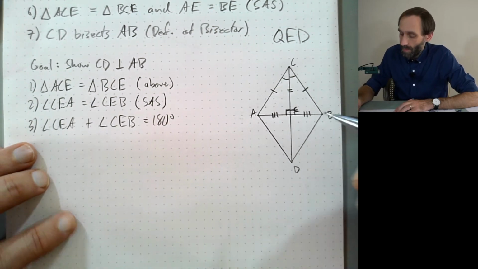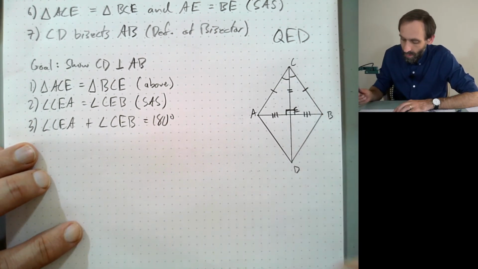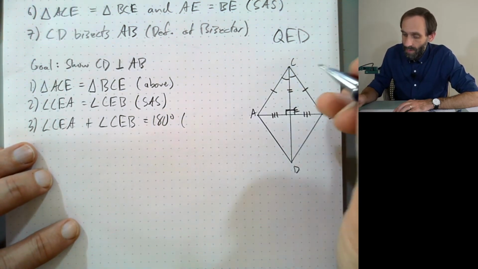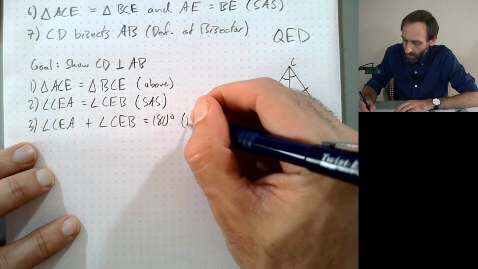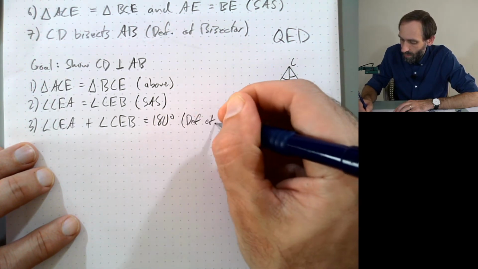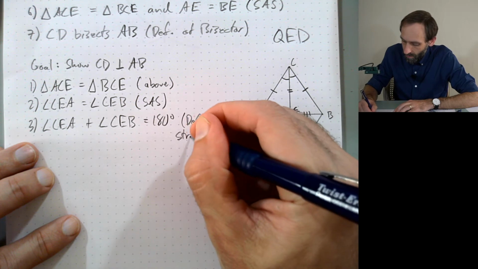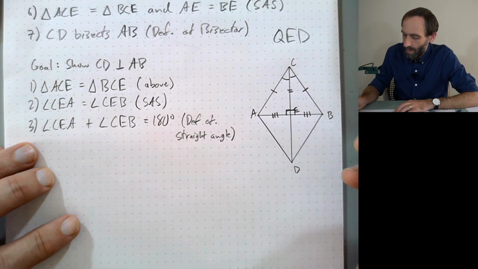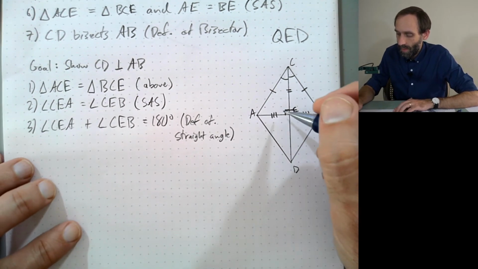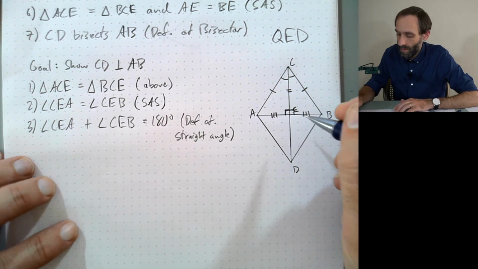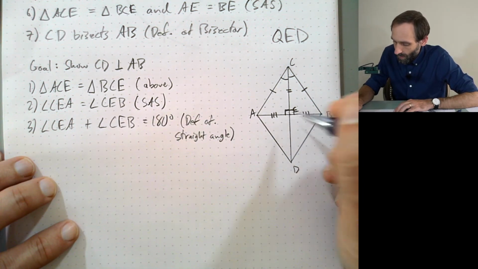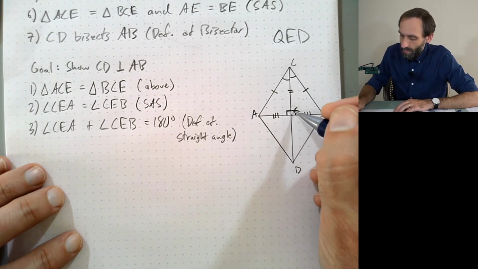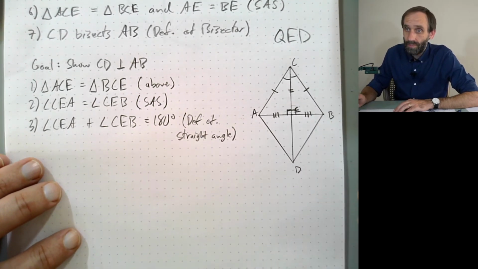Well, you may have heard that a straight line is 180 degrees. That might not be the most precise way to put it, but the definition of straight angle states that if you have an angle or angles that make up a straight line around some point, that's going to be 180 degrees. So these two angles add up to 180 degrees.